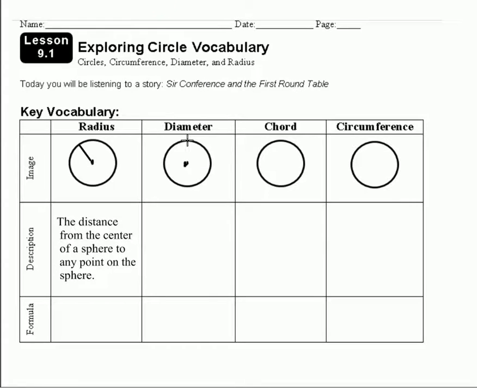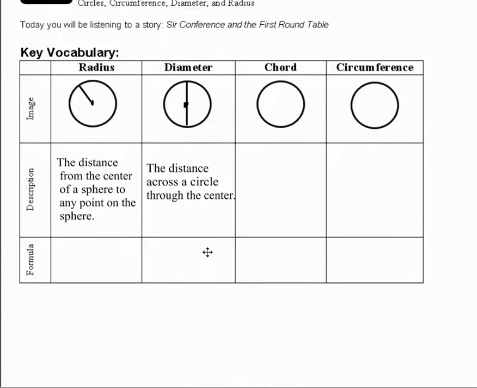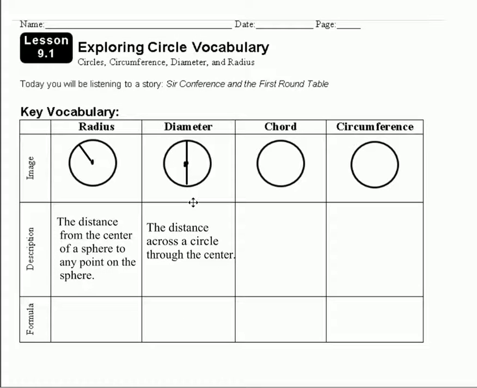She was just as tall as the table, up and down. You could also have drawn it horizontally, or diagonally. Let's get the definition of the vocab word here. It's the distance across a circle through the center. Distance across a circle through the center.